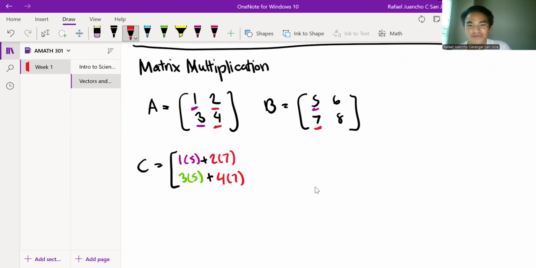Next, we go back. Now we're doing the first row again. 1 times 6. We're adding that to 2 times 8. So you see the idea? We're going through here, multiplying it to the corresponding column. The column here should be the exact position of the row. So this were row 1, row 2, column 1, column 2.